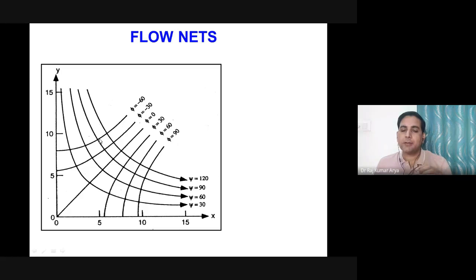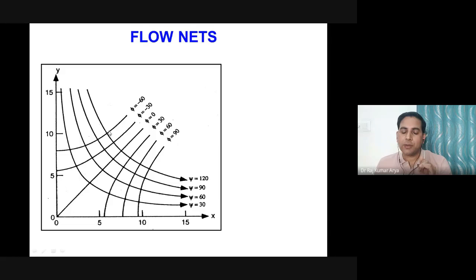How would it calculate? Let's say somehow you have calculated the velocity at this point. Now you have the expression for phi: u is given by minus del phi upon del x. So somehow you know the velocity at this particular point.